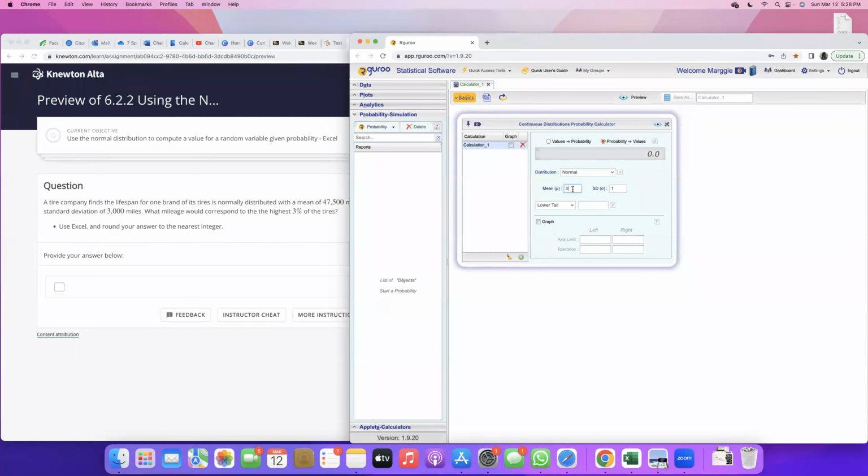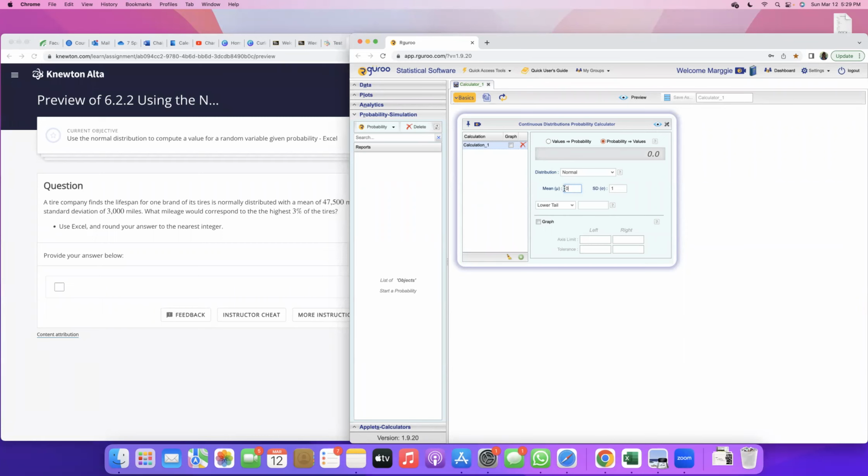The empirical rule said that we have a bell-shaped distribution, and if we center that distribution at the mean, we can go 1, 2, and 3 standard deviations to the right and left of the mean. Within 1 standard deviation of the mean, we have approximately 68% of the data points. Within 2 standard deviations, we have 95% of the data points. Within 3 standard deviations, we have 99.7% of our data points.